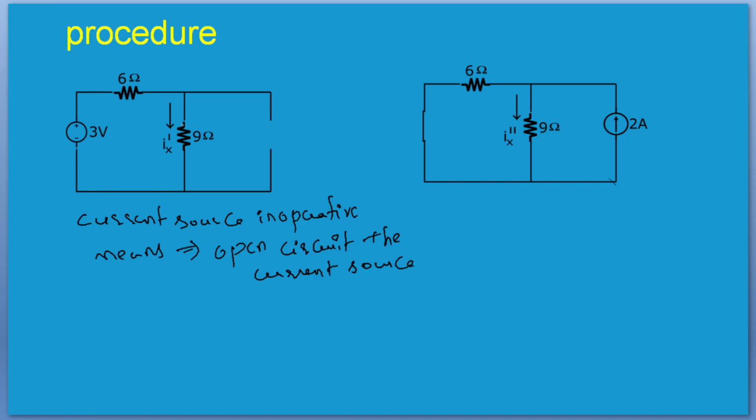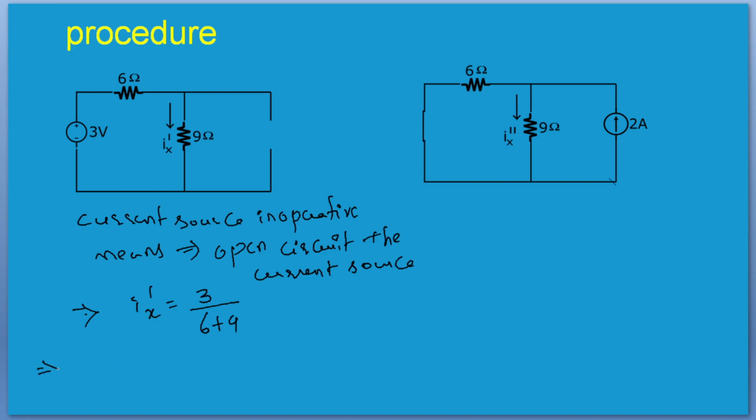Now find Ix dash, which is the response in 9 ohm resistor using 3 volt source acting alone. Here that implies Ix dash is equal to voltage by resistance. What is the voltage? 3 by, what is the total resistance in this path? 6 plus 9 ohms.